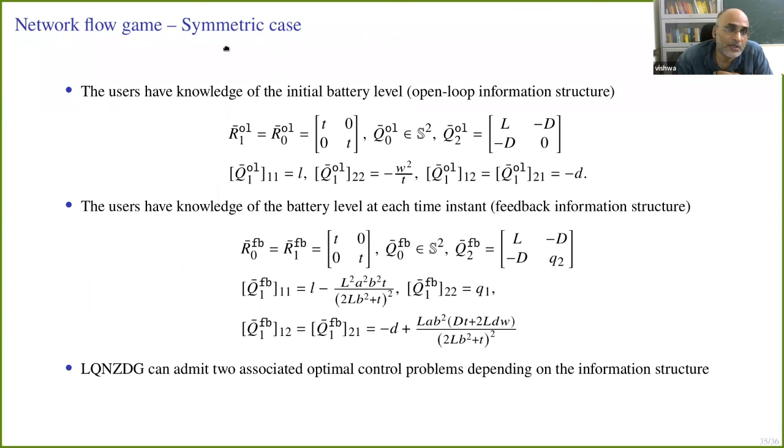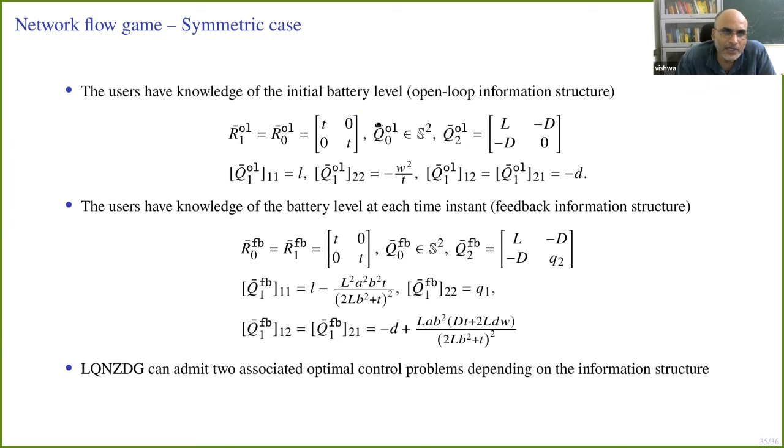Now, in a symmetric case, we can compare the open loop Nash equilibrium and the feedback Nash equilibrium, and the optimal control problems associated with each. The open loop information structure means the players only have knowledge about the initial battery level. In the feedback case, they can strategize based on the observation of the current battery level.